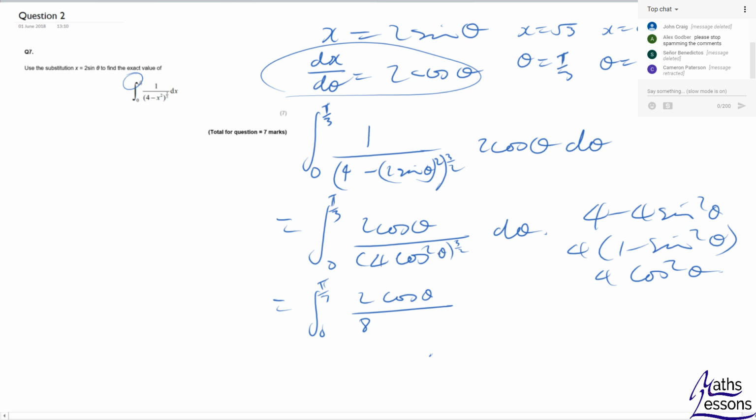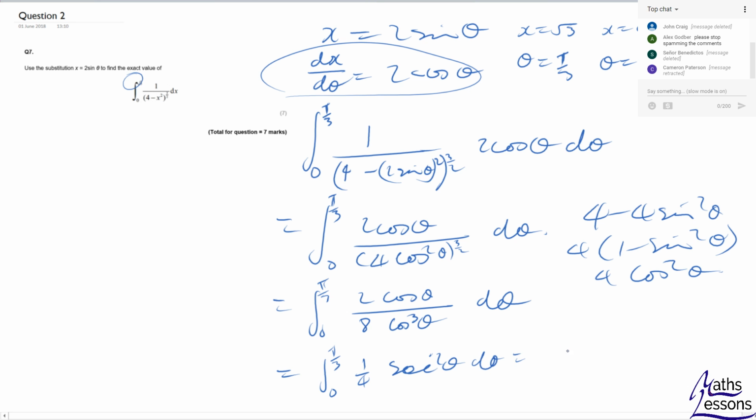And then cos squared to the power of 3 over 2, the squared and the 2 will cancel to leave us just cos cubed. 2 over 8 is 1/4. Cos divided by cos cubed means we get cos squared in the bottom, so that's just sec squared theta.